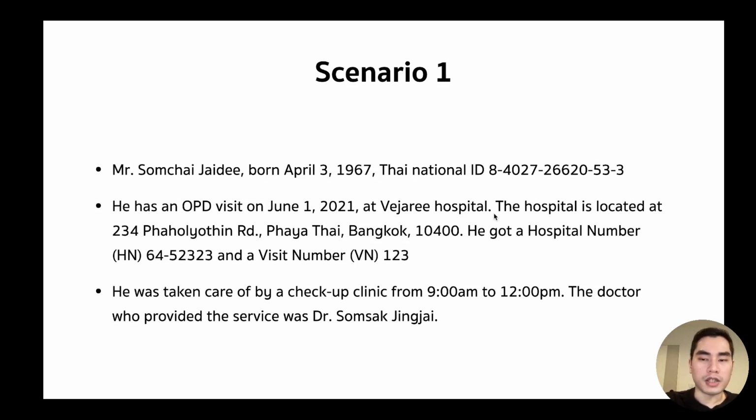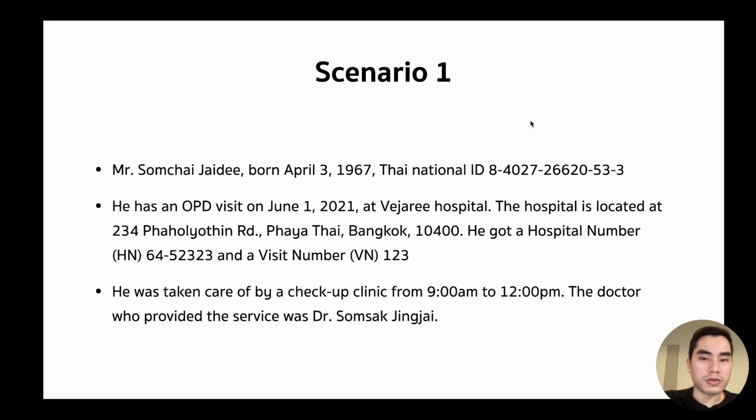He got a hospital number HN like this and a visit number VN like this. He was taken care of by a checkup clinic from 9 a.m. to 12 p.m. The doctor who provided the service was Dr. Somsak Jingjai. So this is the scenario.